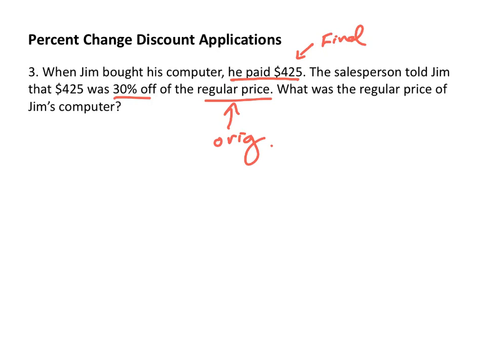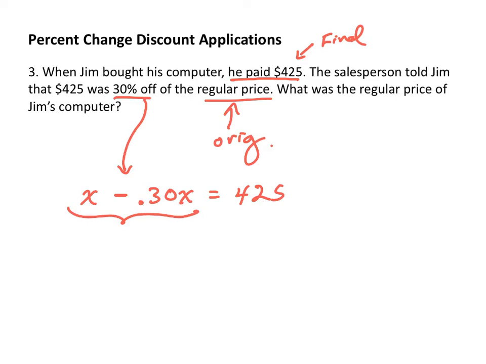Okay, so the regular price is x. It is a discount because it was 30% off, so that's minus 0.30x equals the final price of $425. x minus 0.30x.